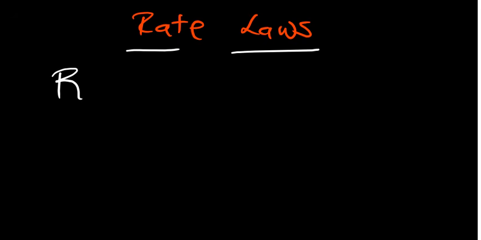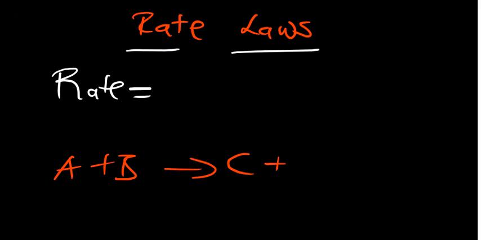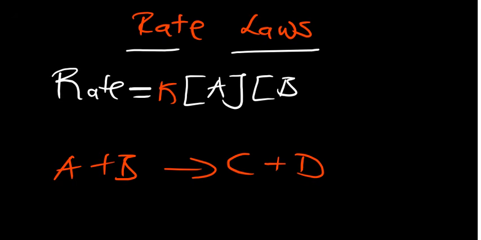Let's say, for this reaction, A and B are reacting to give us C and D. They may give you an equation to say, okay, the reaction rate of this reaction is dependent on this equation. They put A and maybe B. So that is an example of a rate law.